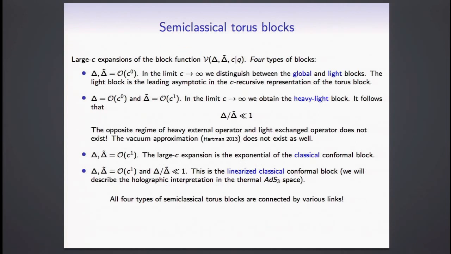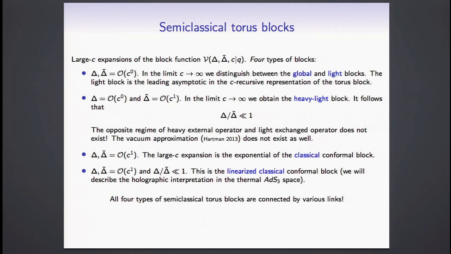Now we see that the torus block depends on three parameters: external conformal dimension, exchange conformal dimension, and the central charge. So we consider various regimes of how conformal dimensions behave with respect to the central charge, and we distinguish between four types of blocks.